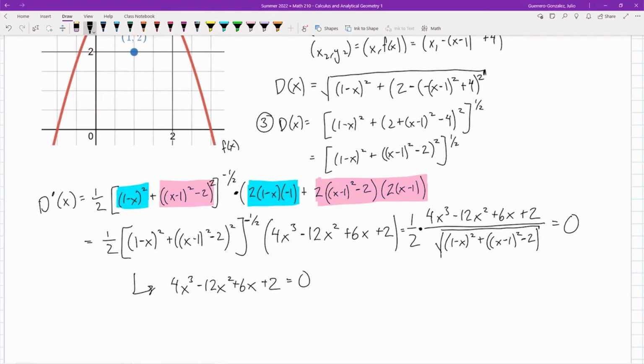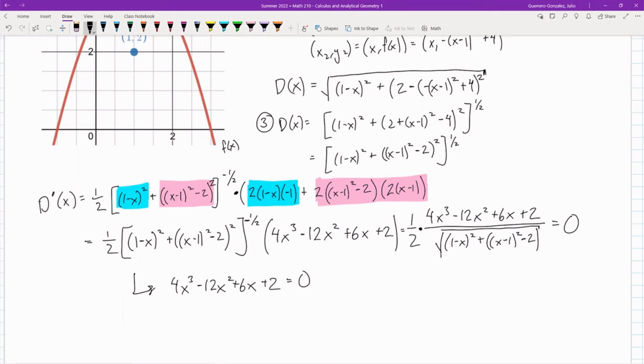So in this case, this is a very difficult thing to factor out. I mean, you can if you wanted to. I'm going to go ahead and do it by Desmos.